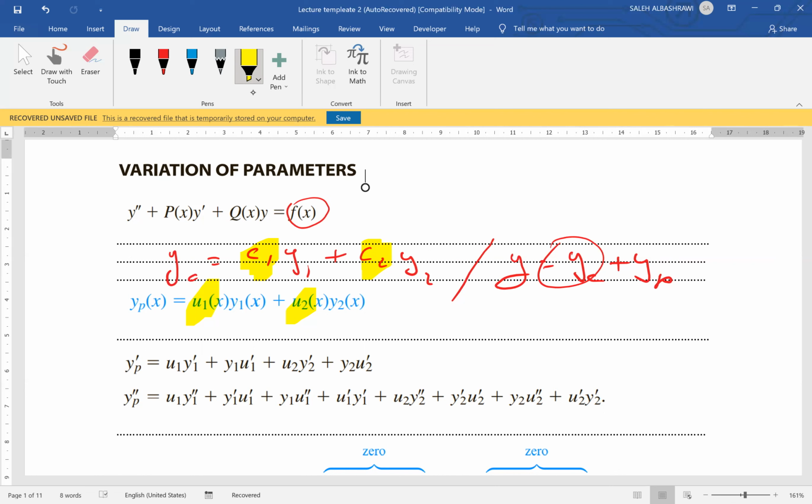For w1, we just replace the first column by the right-hand side of the system, 0 and f of x, and if we replace the second column, we'll have w2.